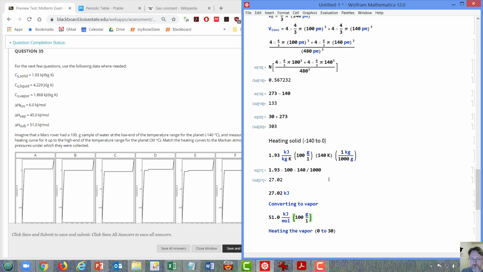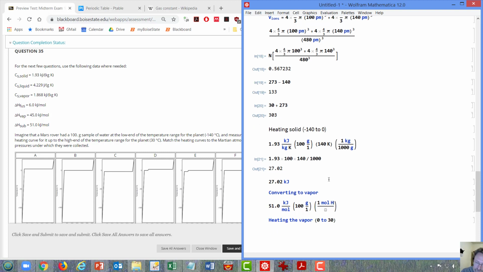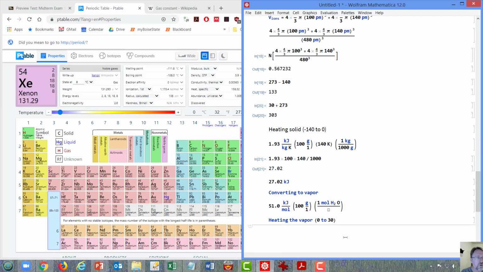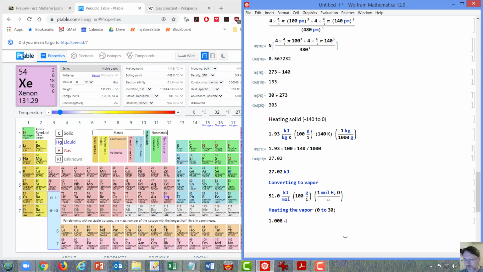Now we have to get from moles to grams. So 1 mole of water is, well, we go to our periodic table, 1.008 times 2, plus an oxygen, which is 15.999, 18.015.